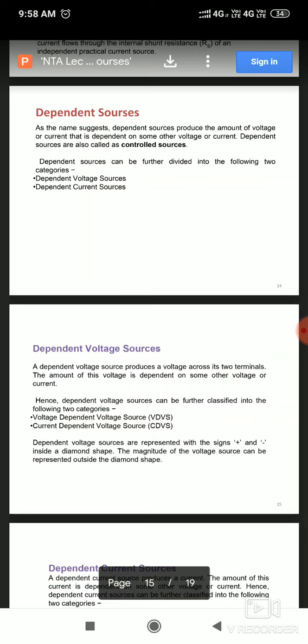Parameters are nothing but voltage or current flowing through a particular branch or element, or voltage across a particular element or branch. Based on those parameters, the value of that source will depend. So again, there are two classifications: dependent voltage source and dependent current source.